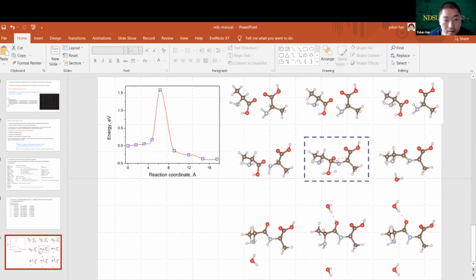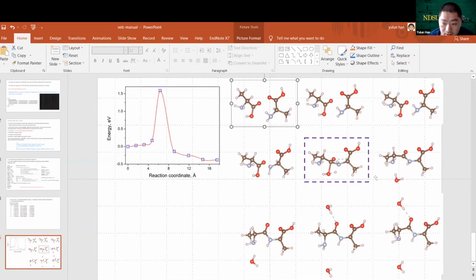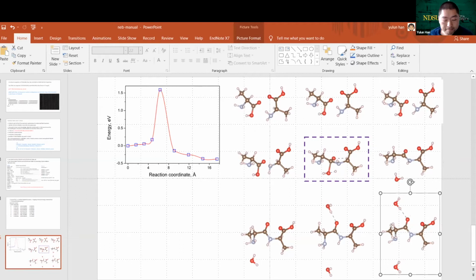So let's look at the final slide. Basically, this is the initial structure, and this is the final structure. You need POSCAR and CONTCAR for initial and final. Okay, thank you.